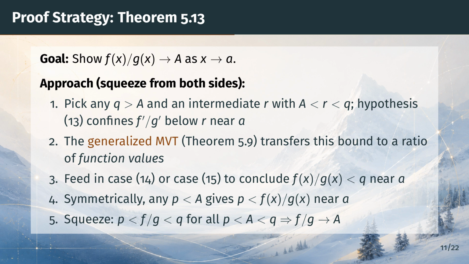The bridge from the hypothesis on derivatives to a statement about the functions themselves is the generalized mean value theorem from section 2. That is the step that makes derivatives talk to function values. Steps 3 and 4 are where the two cases, 0 over 0 and the infinity case, are actually used. Let's first recall the tool that powers step 2.